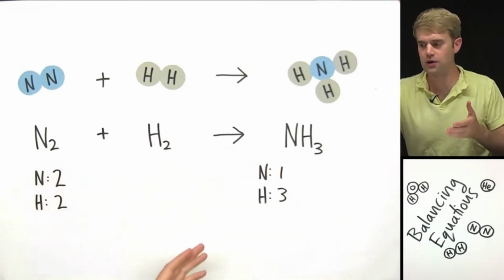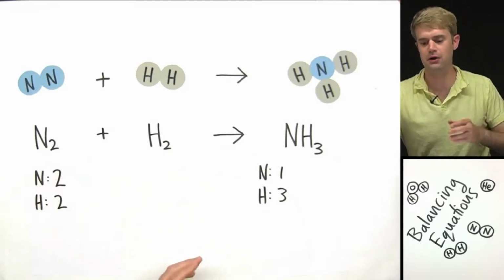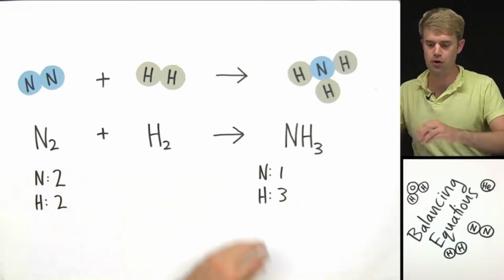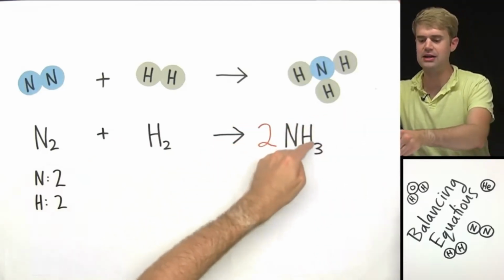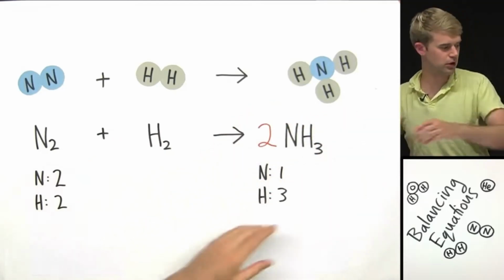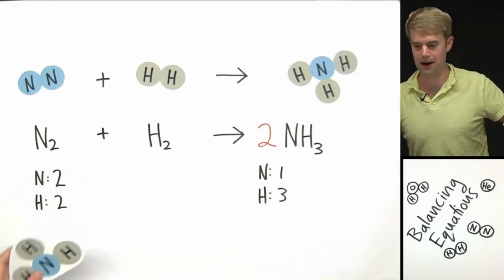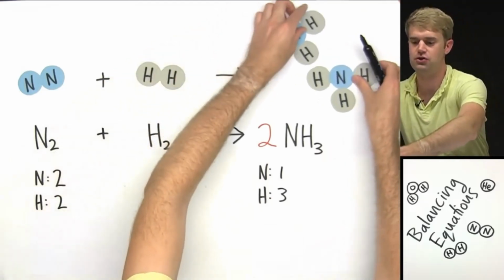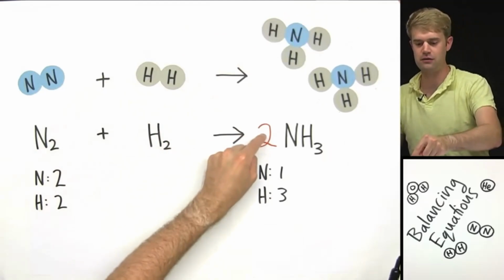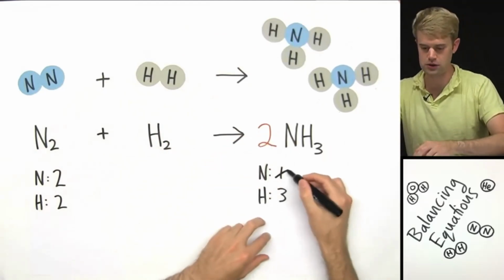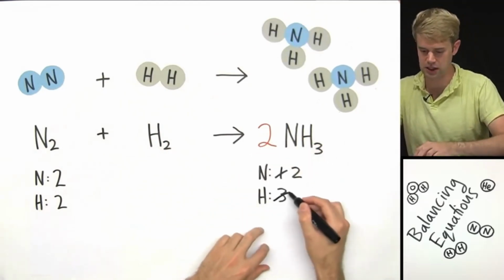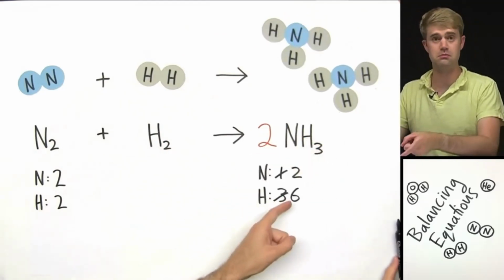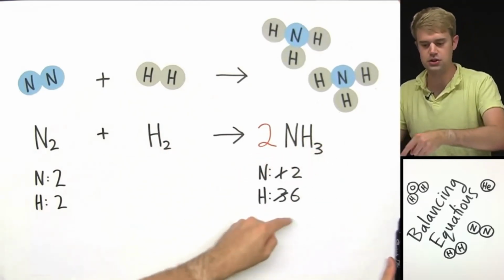Okay, so one thing that we could do to start out balancing this is we could put a 2 in front of NH3 here. So that would multiply this whole thing by 2. So now we'd have 2 of these, and that would give us 2 nitrogens. And now we have 2 times 3, which is going to give us 6 hydrogens. Okay, so that's how we use this chart.